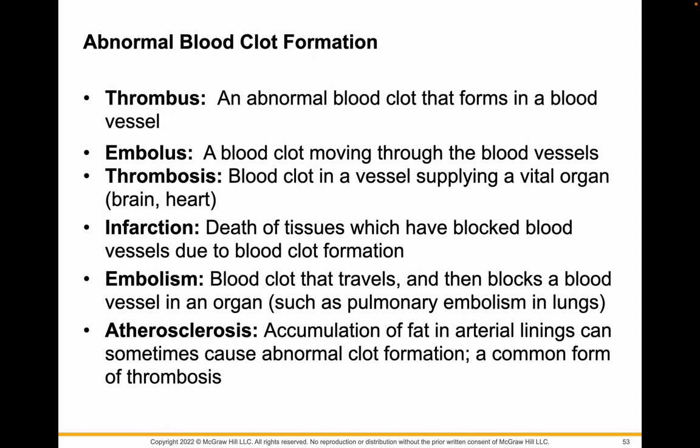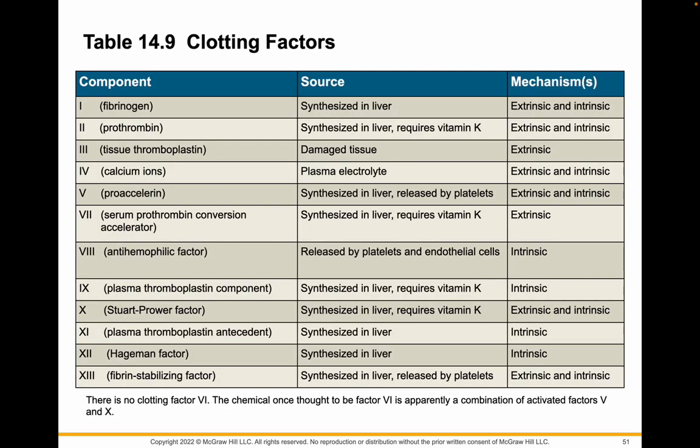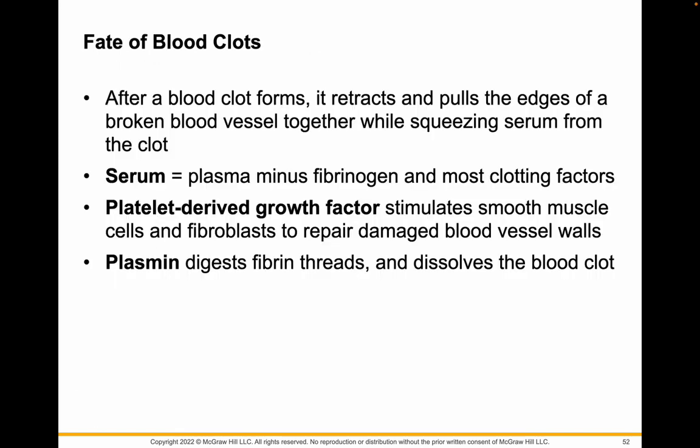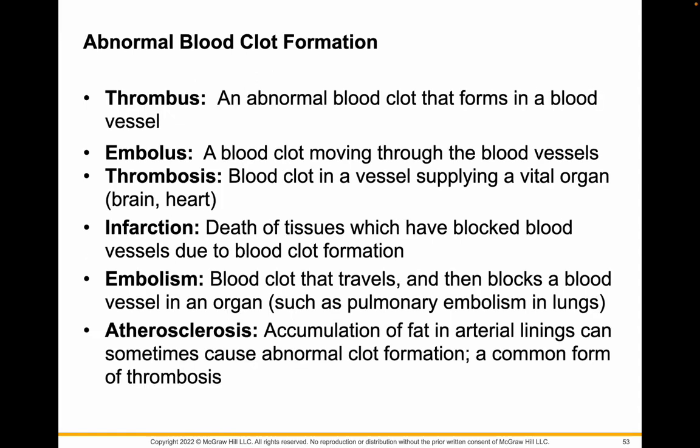And atherosclerosis is where you accumulate fat inside your arterial lining. It reduces the diameter, and this can cause the intrinsic mechanism of clotting because of the fat around the arterial lining.